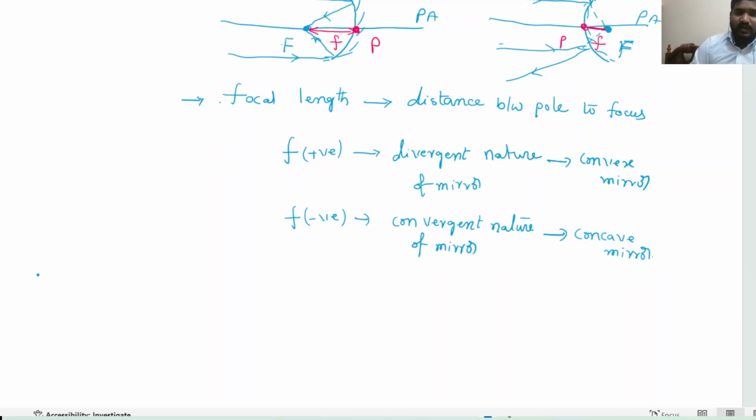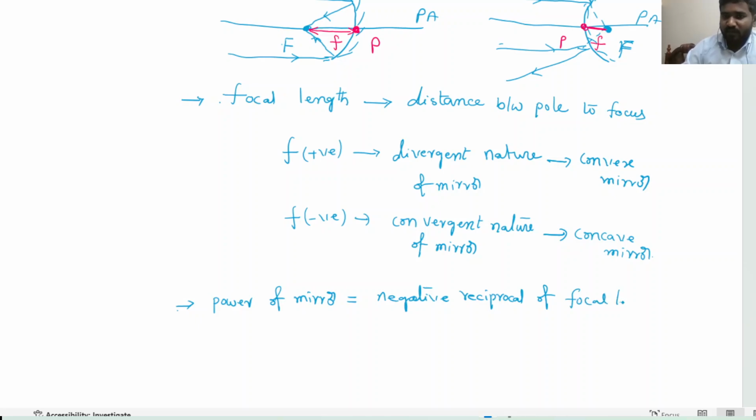Next, the last one, we will go with the power of a mirror. You can define power as the negative reciprocal of focal length.